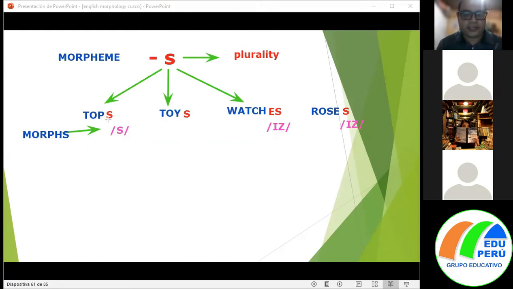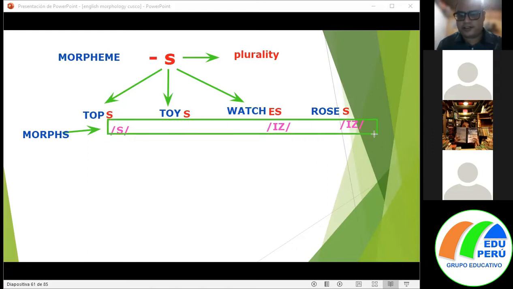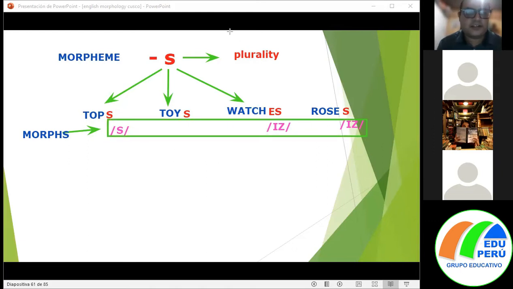So I'm going to do it again. Here it is. So this, remember, these are allomorphs. We call this allomorphs, the physical variation, the phonetic variation of the morpheme.